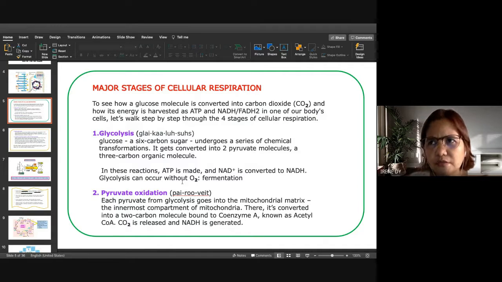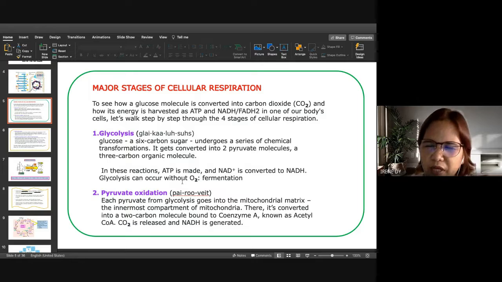Ang tanong, nangyayari din ba ito, ma'am, sa katawan namin? Yes. Pag kayo ay takbo ng takbo at naramdaman nyo yung cramp sa hita nyo and you feel pain, meaning nakulangan ng oxygen yung muscles nyo.